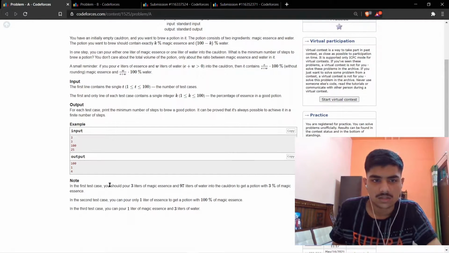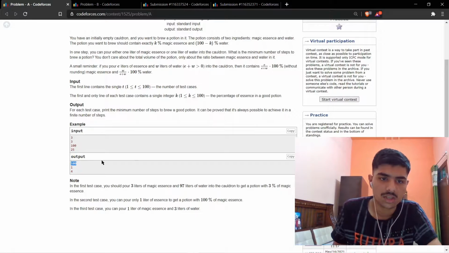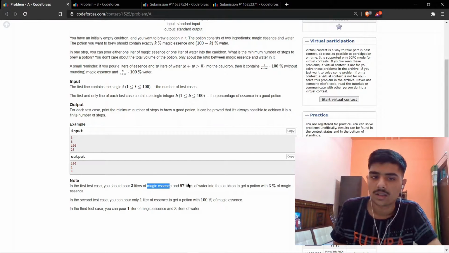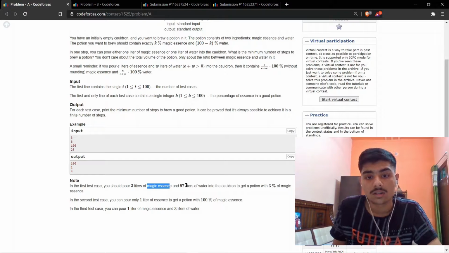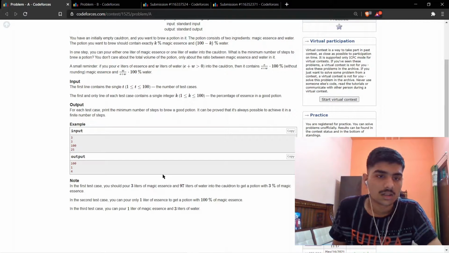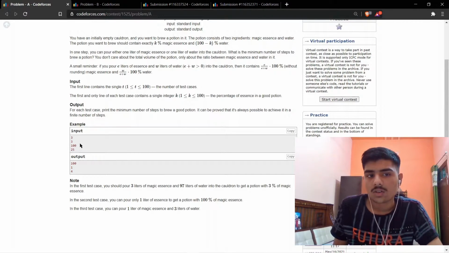So it seems that we need to do 3 plus 97, that is 100 operations, because 3 operations should be of magic essence and 97 should be of water. But this is not true in every case.